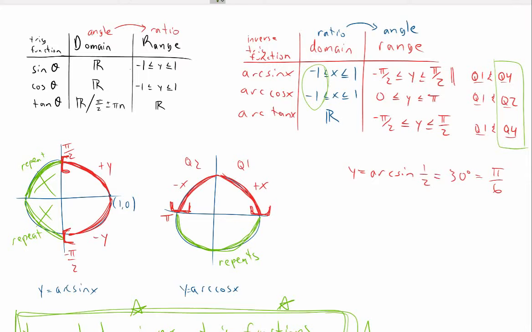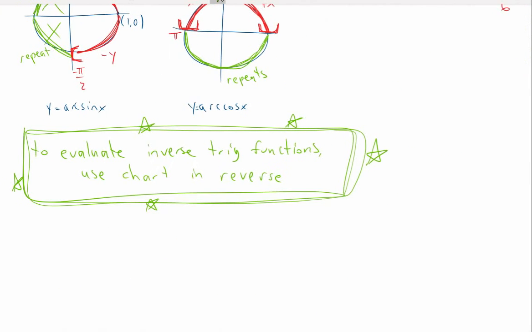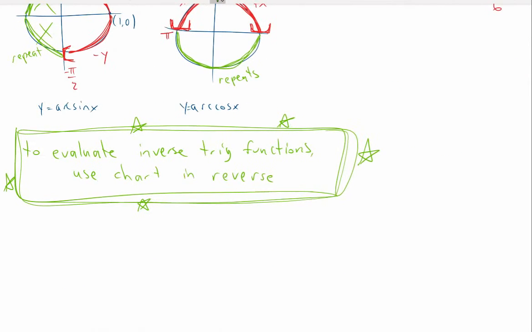That's when we end up having to use these guys right here. So I'll make a note of that here. These are only when negative numbers go into the inverse trig function. We'll see that in a minute. Let's just look at a couple and see how simple this really is.